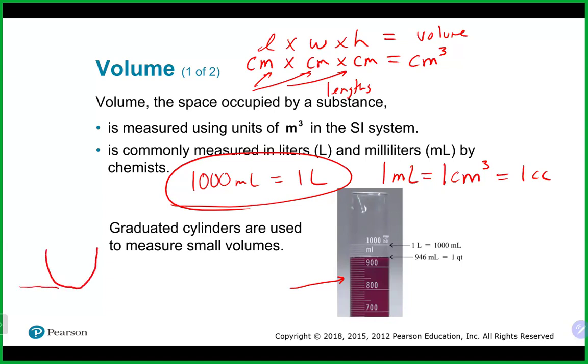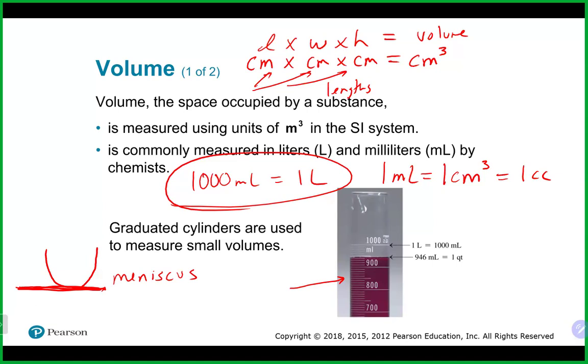That is what is known as the meniscus. And we typically always read from the bottom of the meniscus. And the reason for that is this. The attractive force between the liquid and the glass is stronger than the attractive force between the liquid and itself.